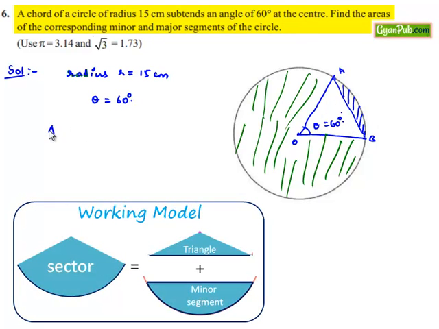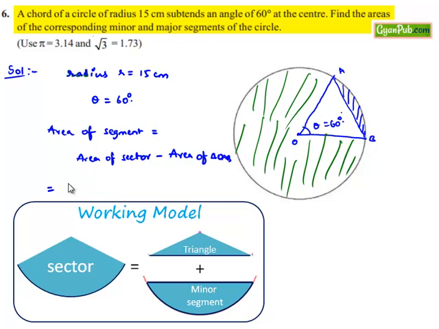Therefore area of segment is obtained by area of sector minus area of triangle OAB.